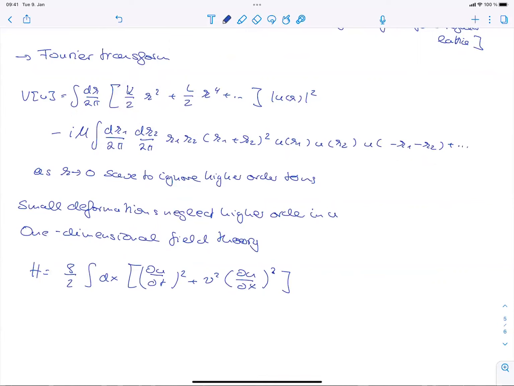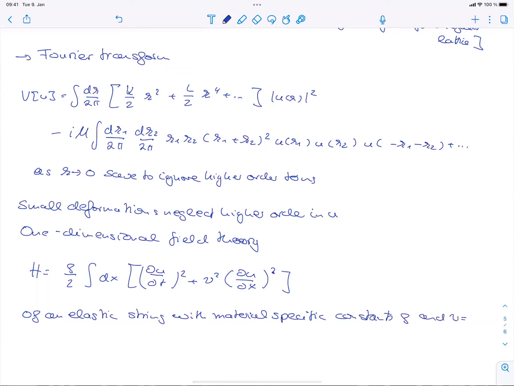And that would be the Hamiltonian of an elastic string with material specific constants rho and b, that we know is K over 1.